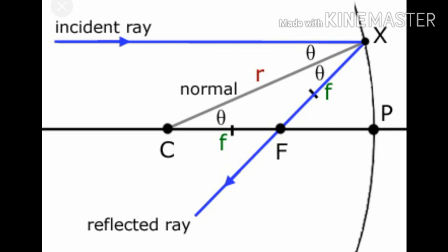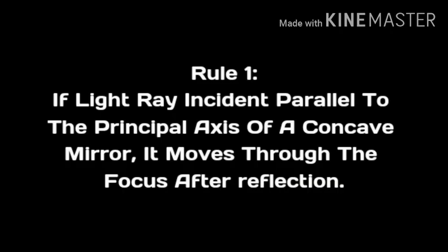That is, if the light ray is parallel to the principal axis of the concave mirror, then after reflection that light ray should move to the focus of that concave mirror.